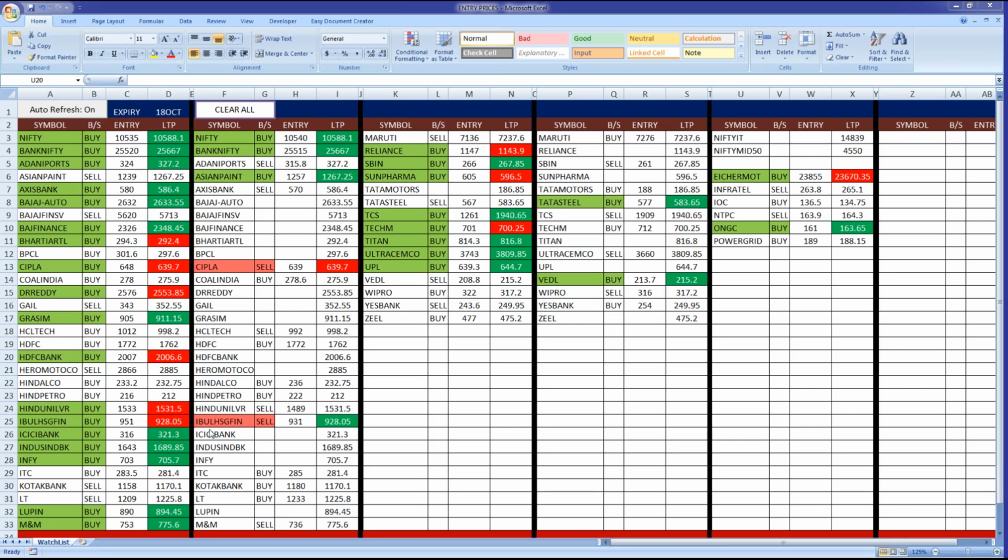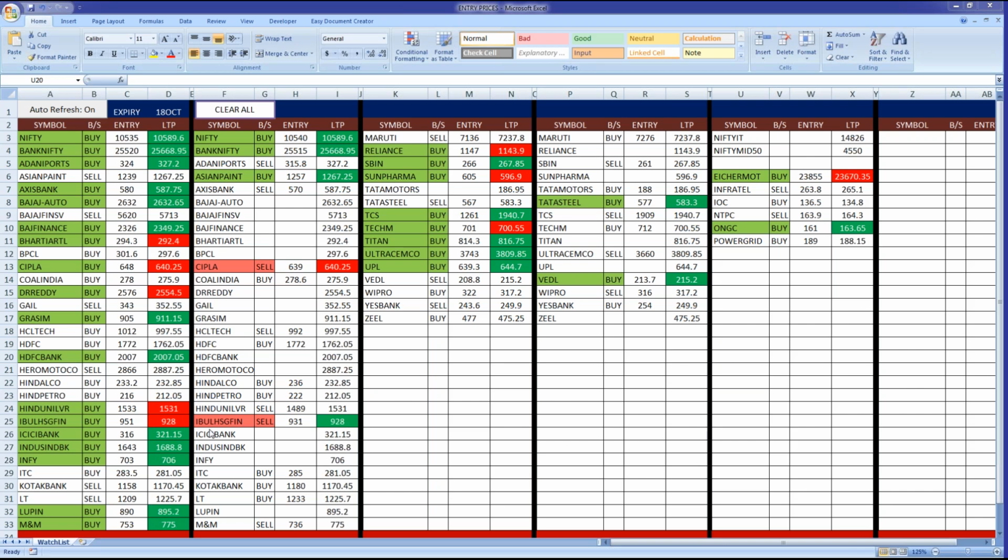So let me just give you an example. Let's say Adani Ports, we had a buy call at 324, and it made 330. So that's roughly 6 rupees. 6 into 2,500 is the lot size.